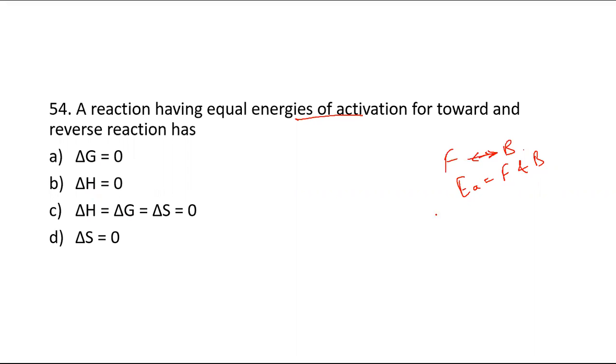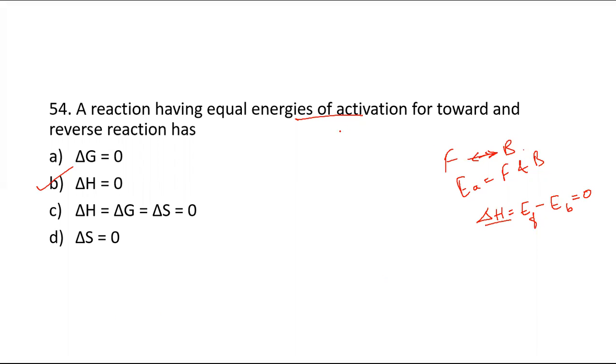See, for the backward and forward reaction, when activation energy comes, the change in enthalpy can be given as the energy in the forward reaction minus the backward reaction, which will be equal to 0. Therefore, when we talk in terms of energy, we need to go for enthalpy. Therefore, change in enthalpy is equal to 0.